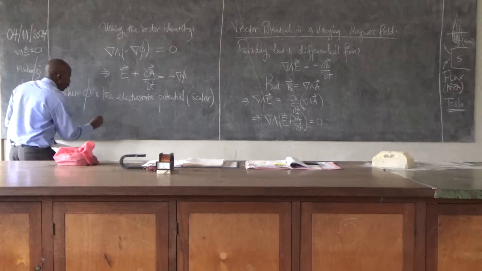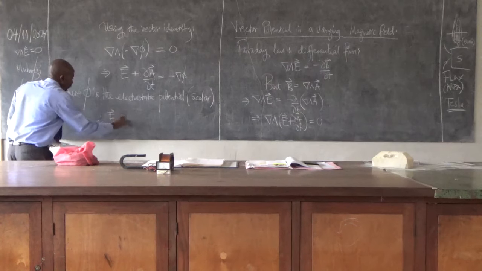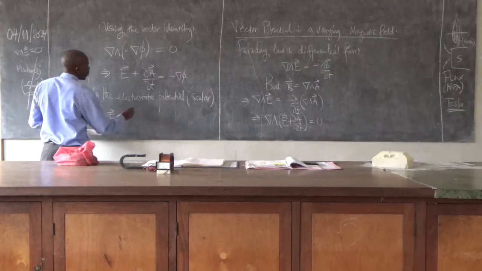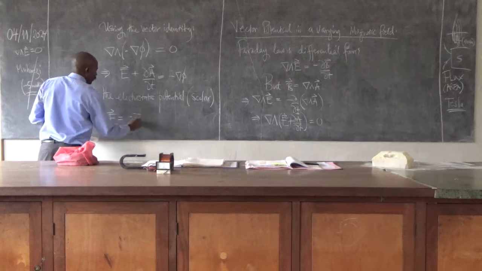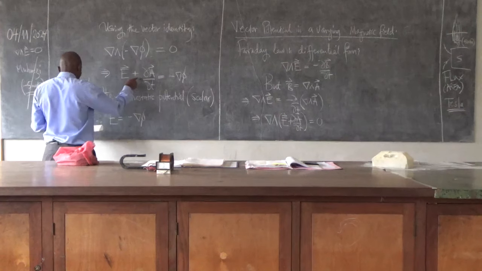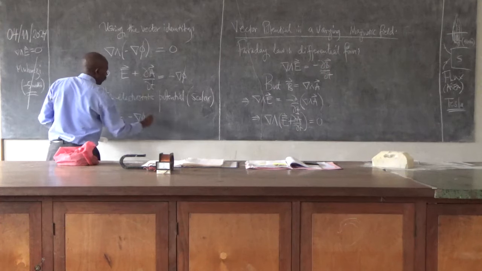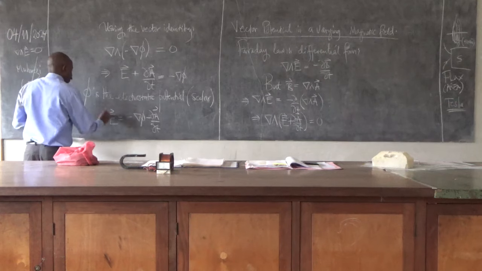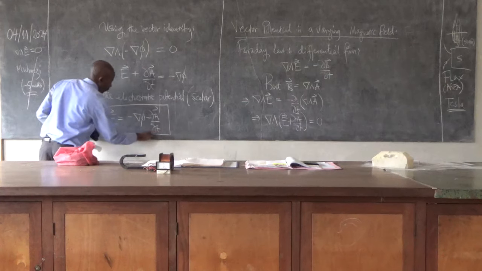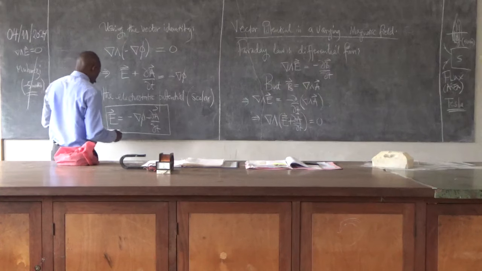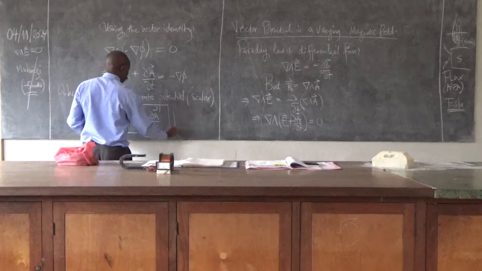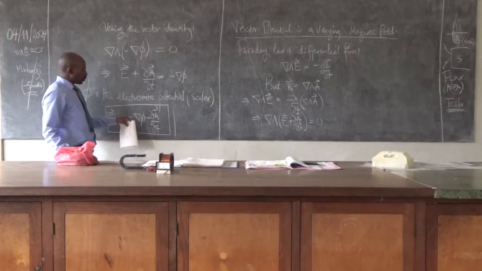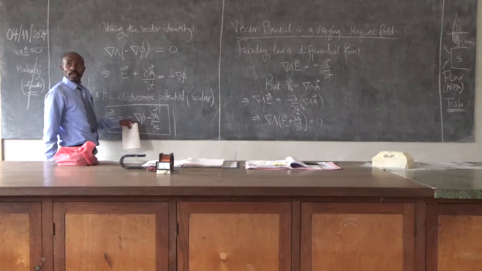Therefore, we say that E is equal to minus grad phi, then minus this other part, ∂A/∂t. So E was equal to minus grad V for electrostatic fields, which are static.